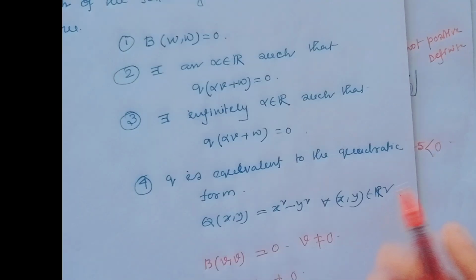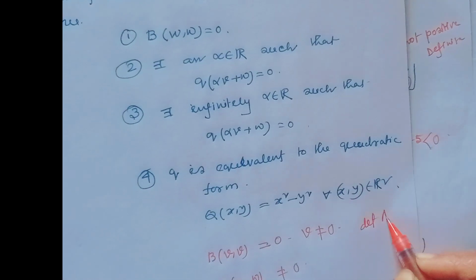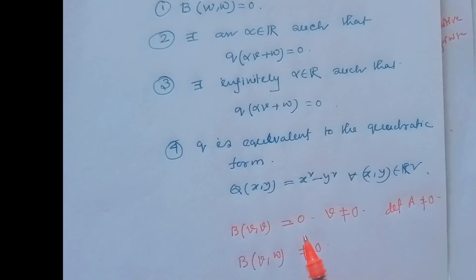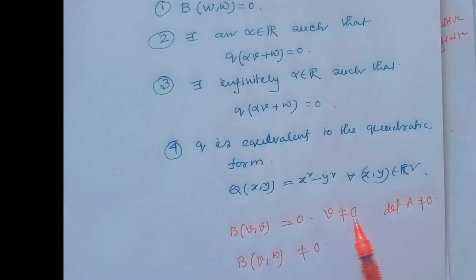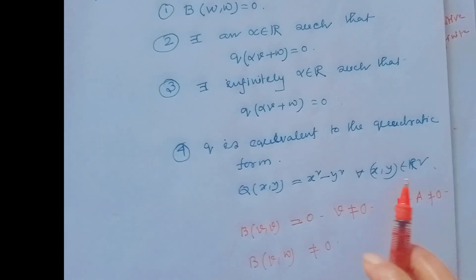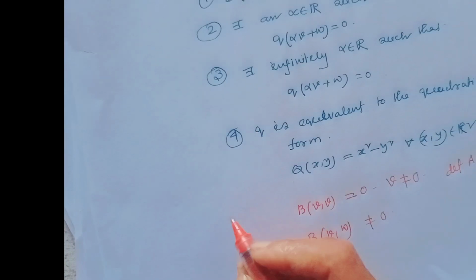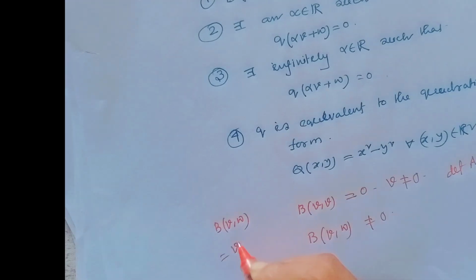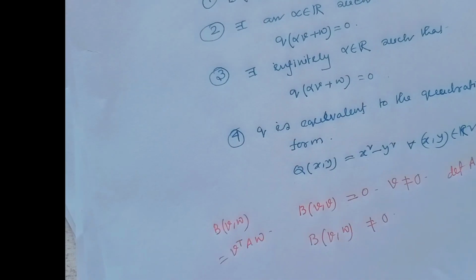Here it is given at first that the determinant of A is not equal to 0, and B(V, V) equals 0 for a non-zero vector, and B(V, W) is not equal to 0. The bilinear form, all of us know, is denoted as V transpose AW.